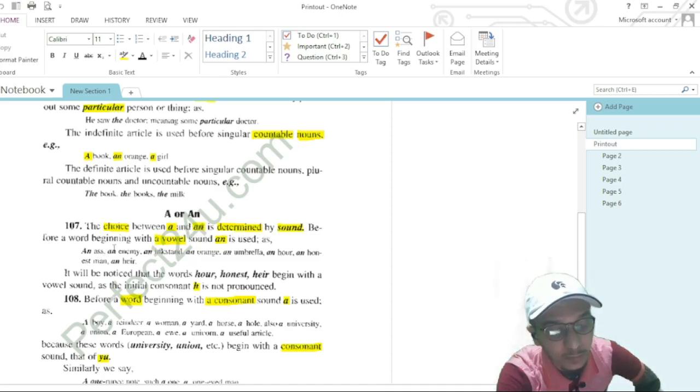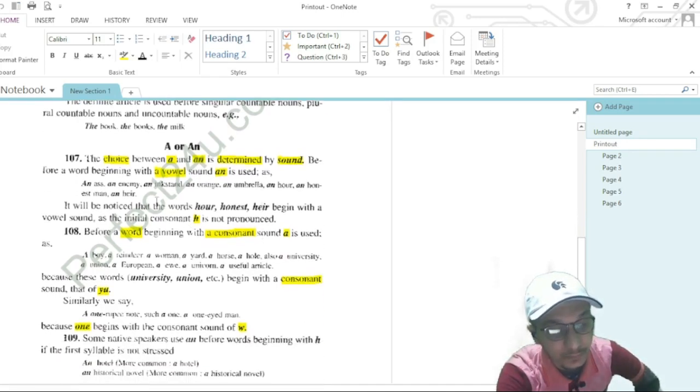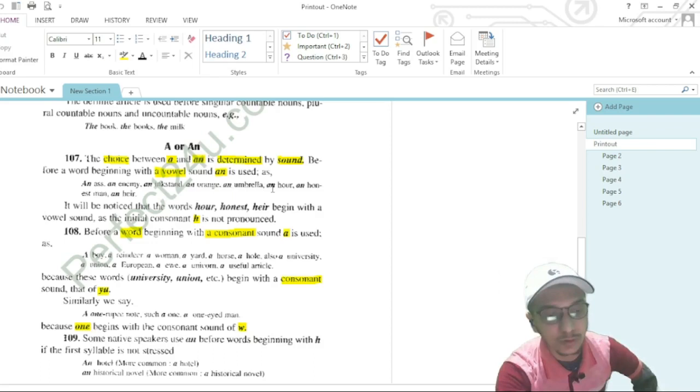Before a word beginning with a vowel sound, an is used, as an enemy, an orange, an umbrella, an hour, an honest man.